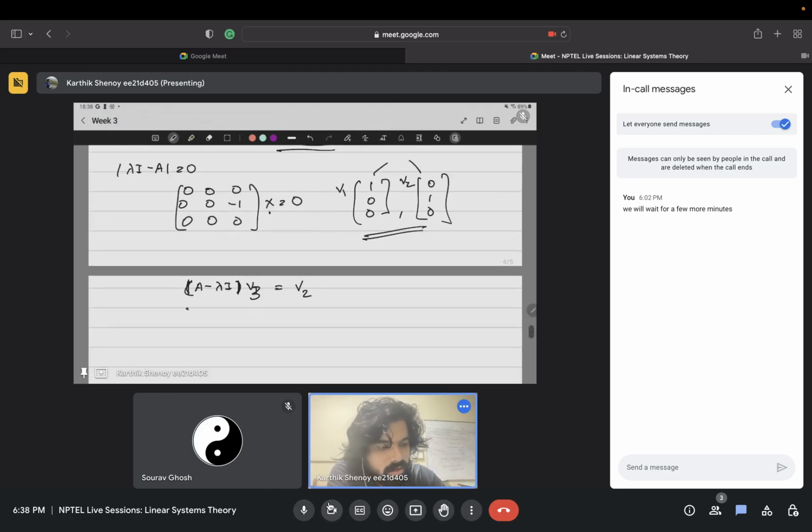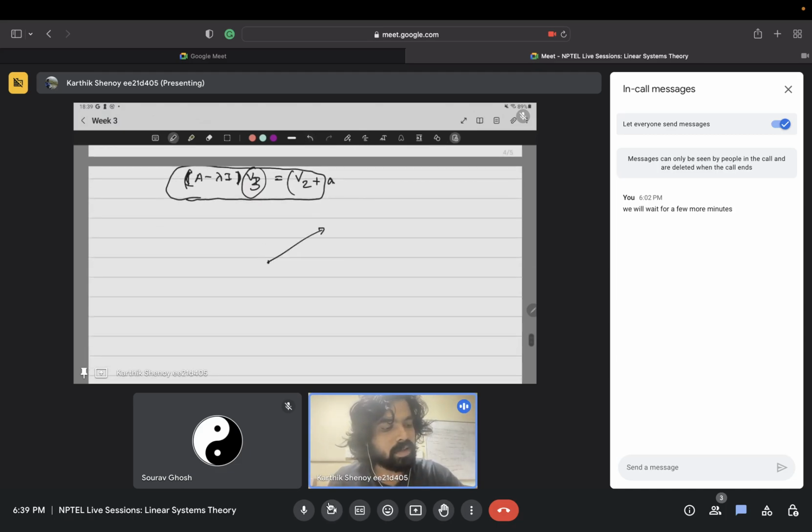I want a vector which, getting acted on by A minus lambda I, is equal to one of these vectors. It could be a combination also, V1 plus a V2, it does not matter. Finally, you have to reach that space. So let's say you have an eigenspace like this, V1, V2.